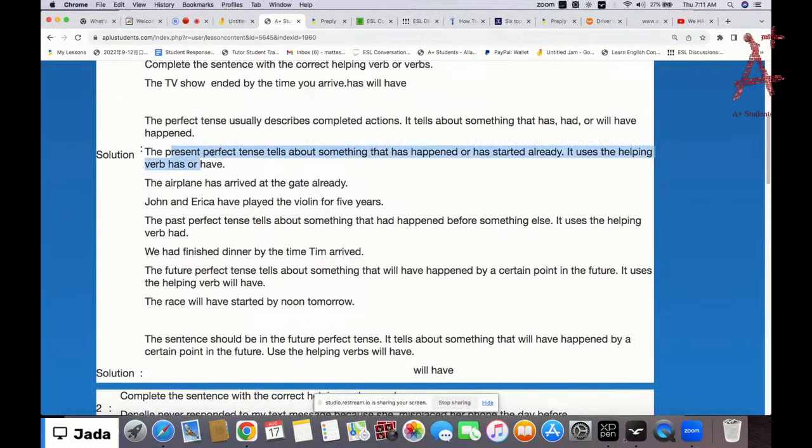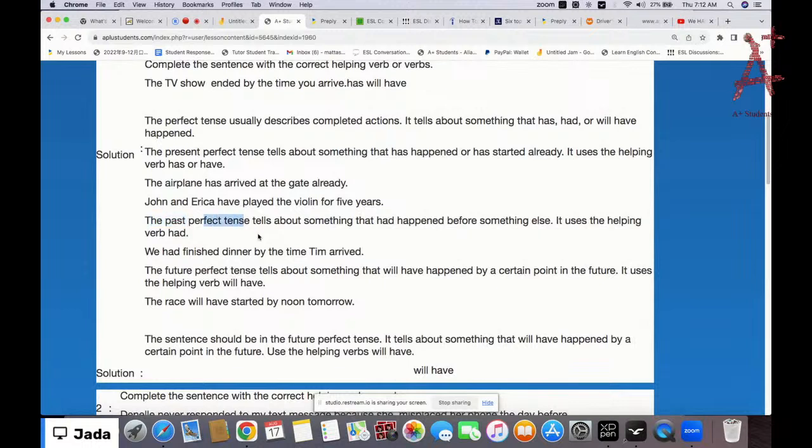And then the present perfect tense tells about something that has happened or has started already. It uses the helping verb has or have. So now this one uses the helping verb has or have. This one has, had, or will have. So the airplane has arrived at the gate already. John and Erica have played the violin for 5 years.